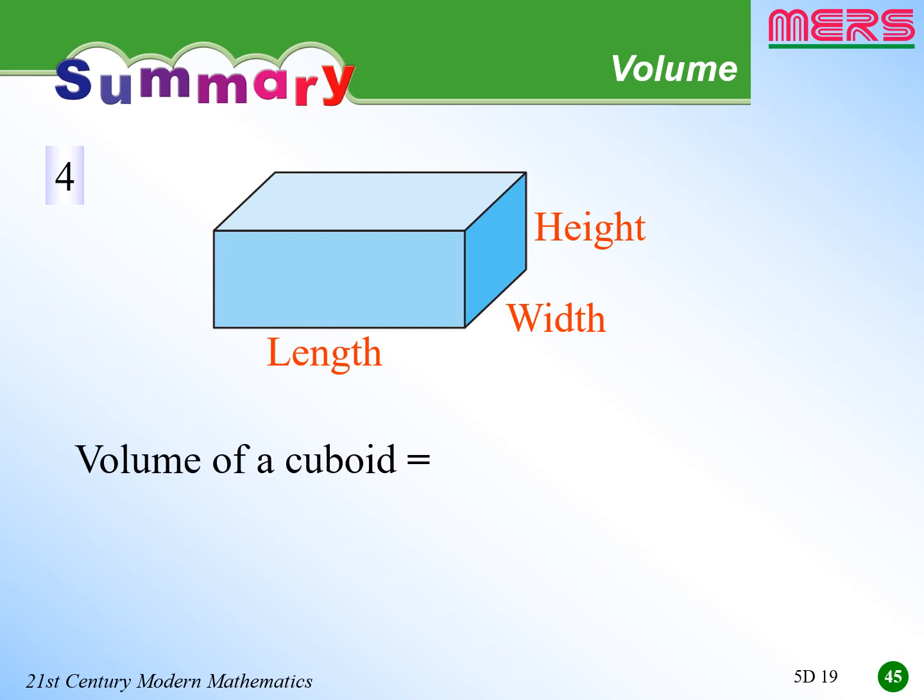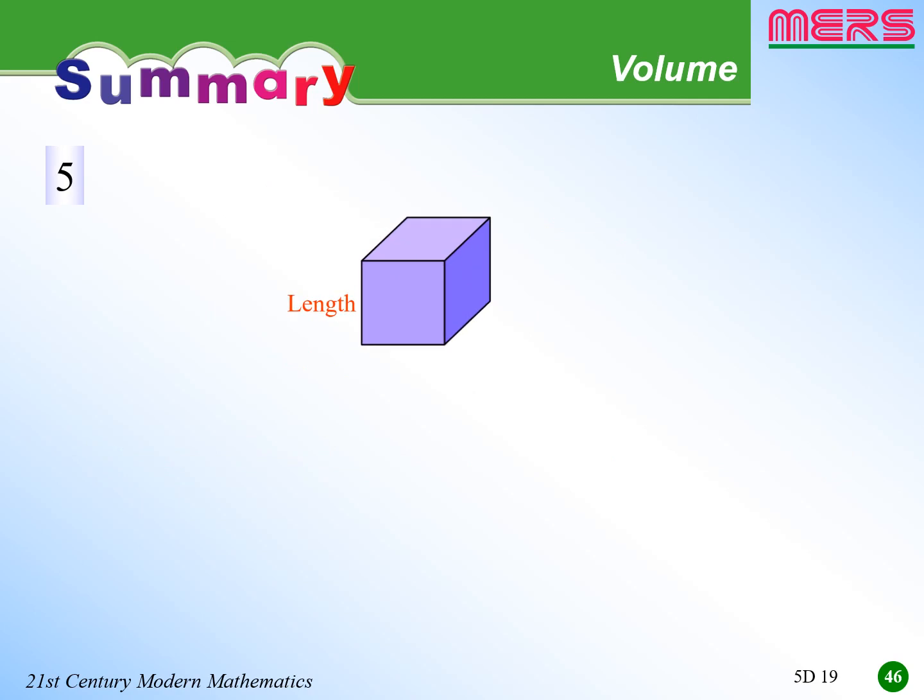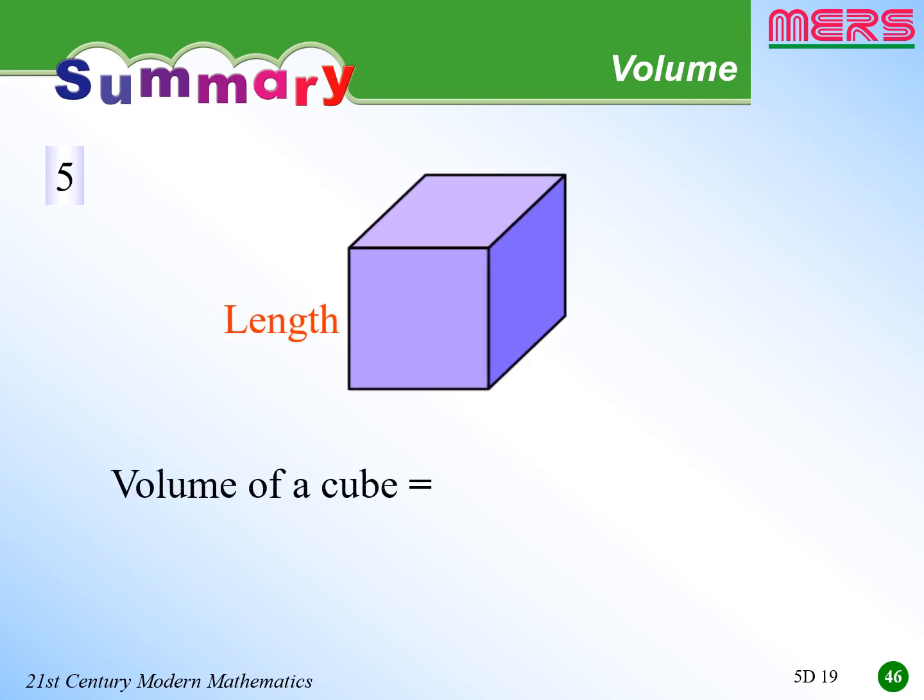Number 4. The standard formula for finding the volume of a cuboid is length times the width times the height. Number 5. The standard formula of finding the volume of a cube is length times the length times the length.